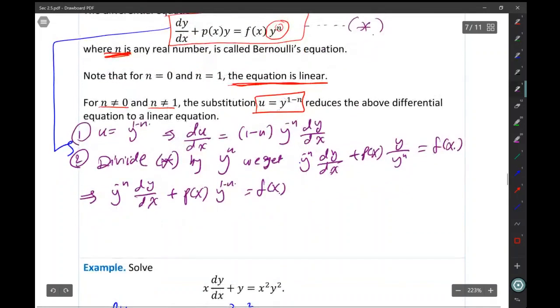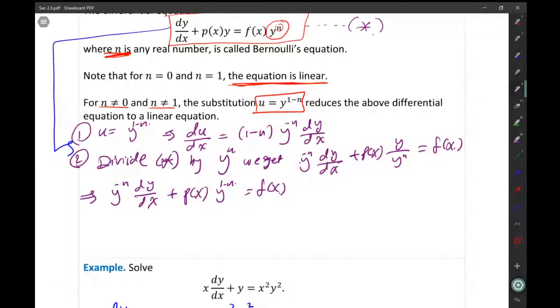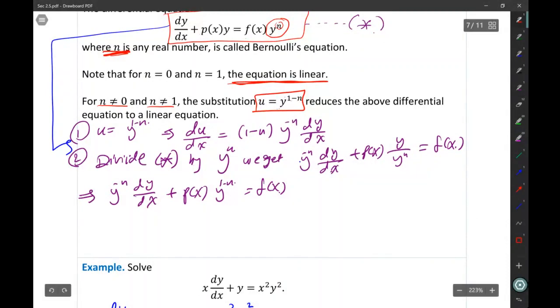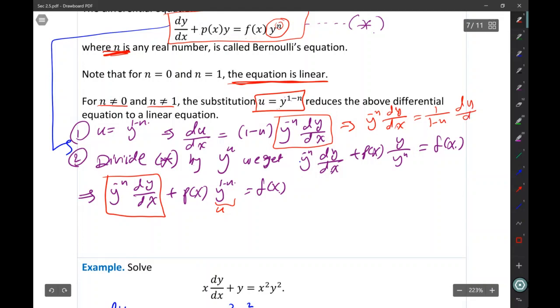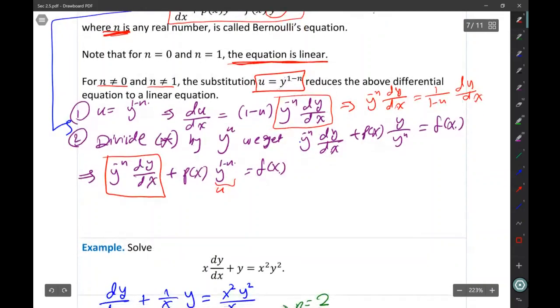Now this term, y^(1-n), is u. And y^(-n) times dy/dx you can get from above. Therefore, y^(-n) dy/dx is equal to 1/(1-n) times du/dx.